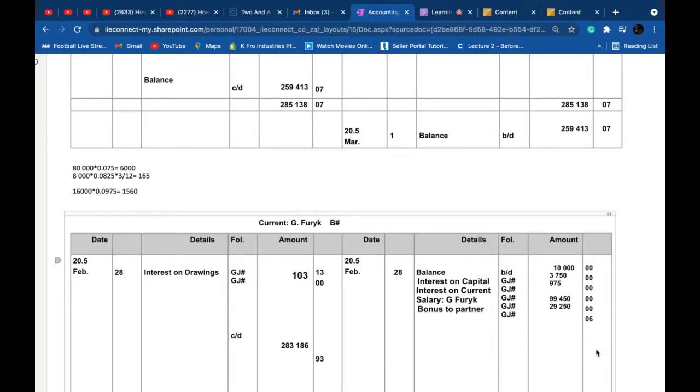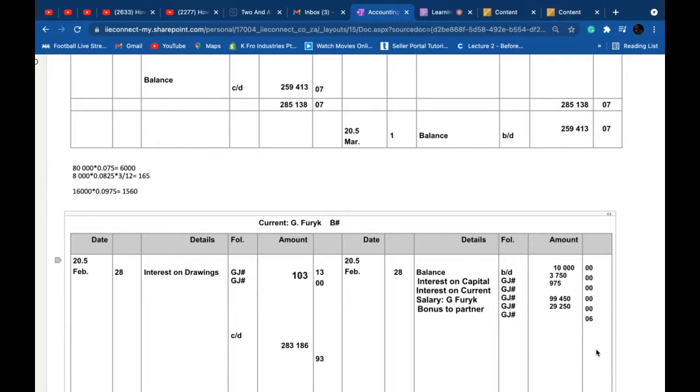It's being transferred. Debit replacement reserve account.